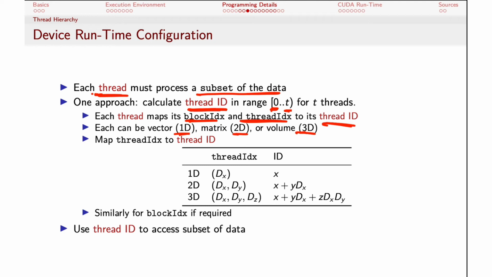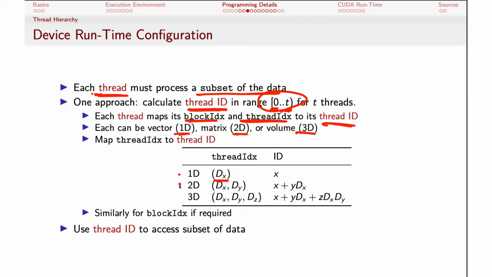So what we want to do is some simple arithmetic to derive a unique thread ID that gives us this range of values that we can use to reach into the underlying array. In the 1D case, we're just going to use the x element of that dimension.